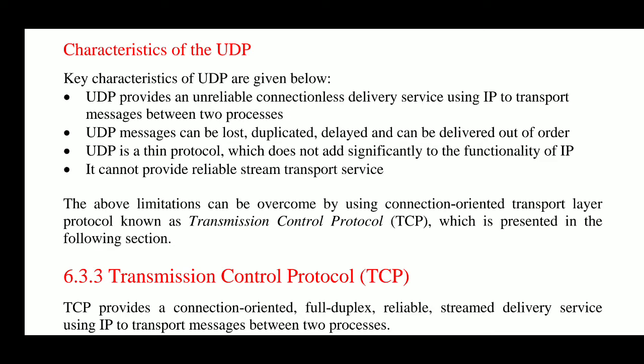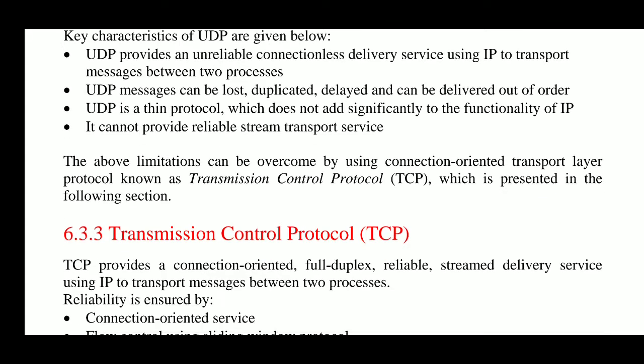And if 5 bytes are written at the client side at the UDP port, then 5 reads can be done at the receiver side host at the UDP port. Okay, UDP is a thin protocol which does not add significantly to the functionality of IP.